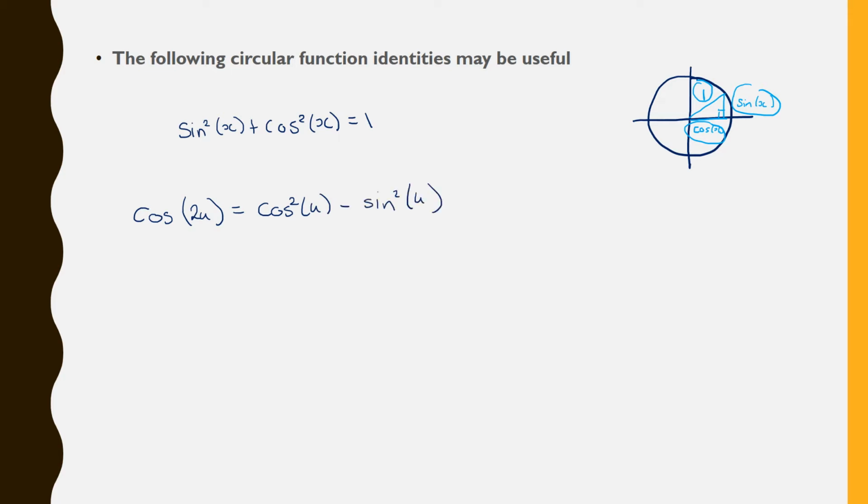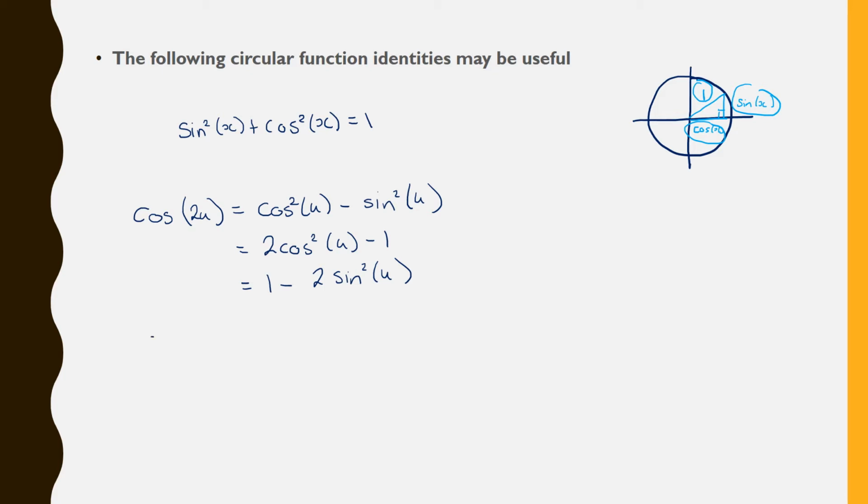And we can rewrite this using the rule given earlier in a few different ways. It's also equal to 2 cos squared u minus 1, and it's also equal to 1 minus 2 sine squared u. Like I said, these aren't things for you to worry about, just things for you to have written down.